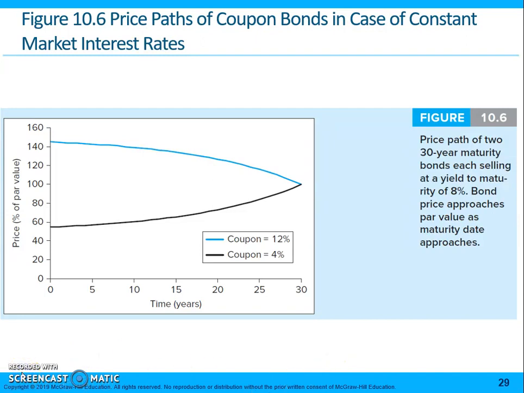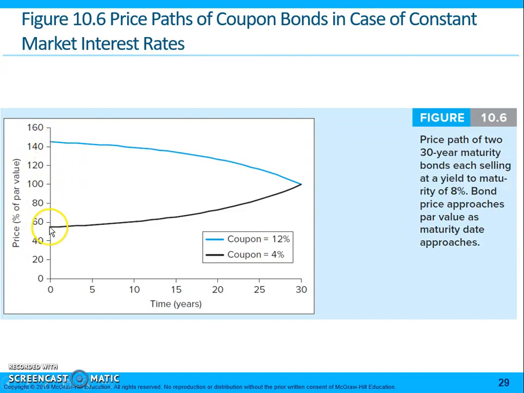So Figure 10.6 shows the price paths of two coupon bonds. We've got a 12% coupon bond here, and a 4% coupon bond here. The yield to maturities are all calculated at 8%. So we've got 30-year bonds, and the price of that 12% bond at year zero is over 140%.